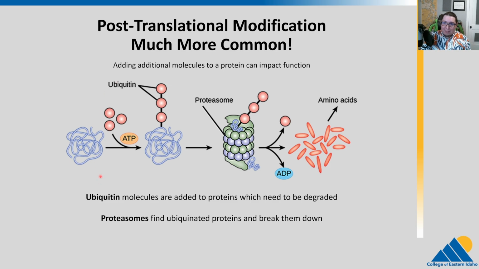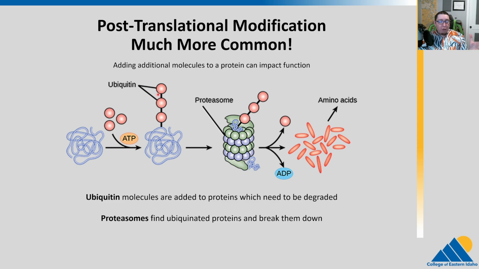So one of the things that can happen, right, just like with mRNAs, is does your protein get degraded? If your protein gets degraded, that's gene regulation. That's turning the protein off basically by chopping it up. And an important post-translational modification that leads to protein degradation is called ubiquitination. Ubiquitin molecules are these little molecules that can be attached to proteins when they need to be degraded.